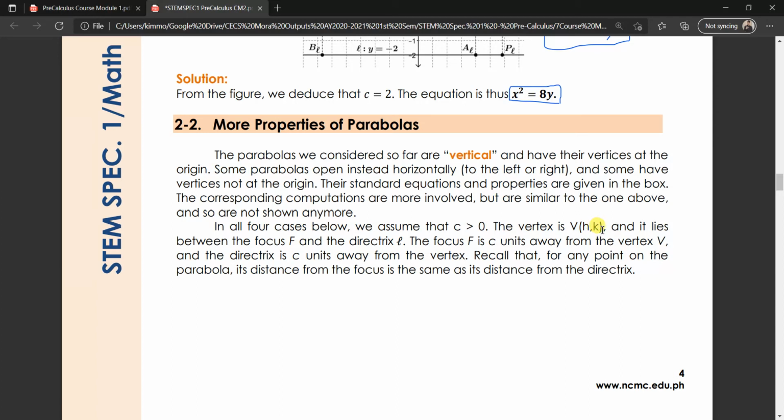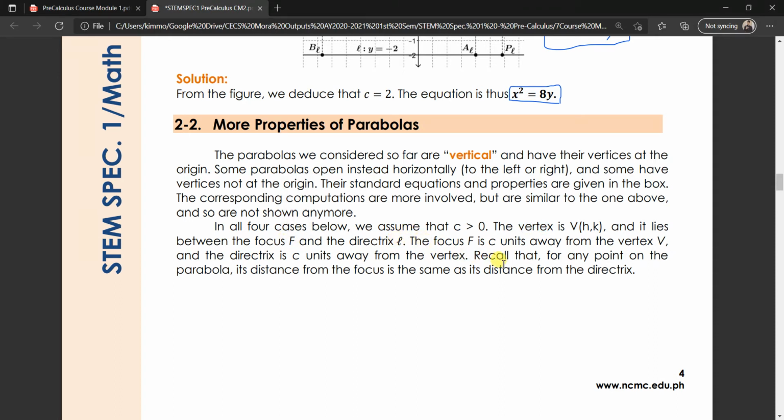Similarly, the midpoint of our parabola, the vertex, has coordinates denoted by the letters h and k. And it lies between the focus and the directrix.